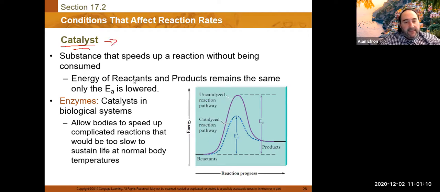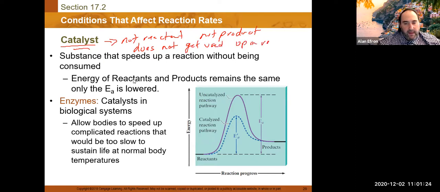A catalyst is not a reactant, it's not a product, and it actually does not get used up in the reaction. So the catalyst is actually still there at the end of the reaction. Really, the sole purpose of a catalyst is to facilitate that reaction occurring a lot faster.